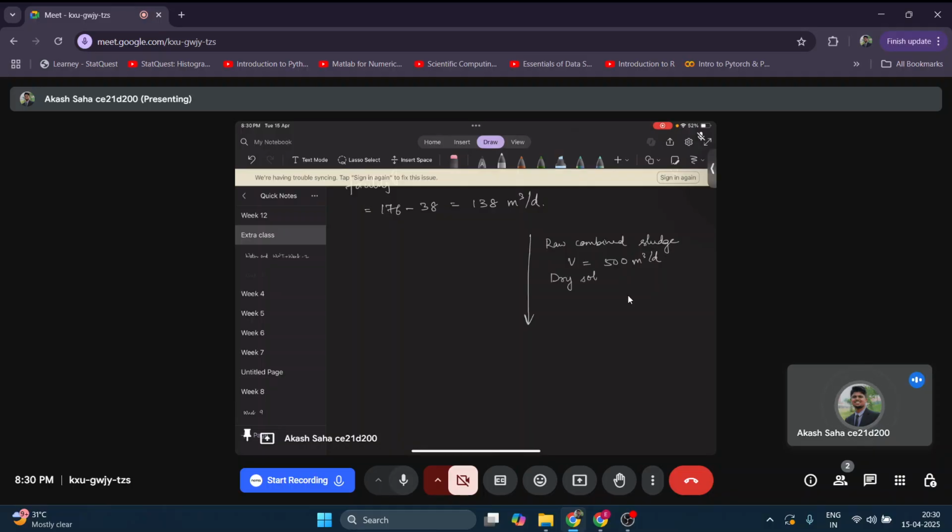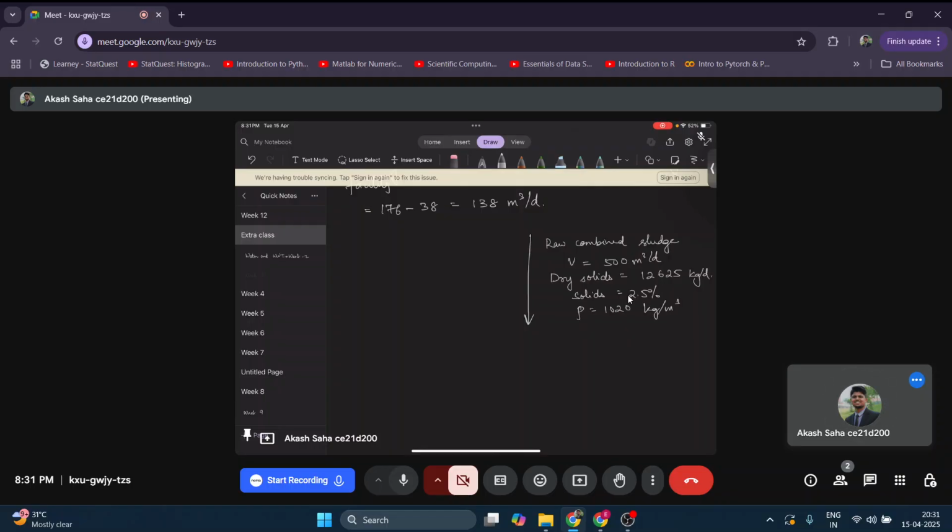Dry solids is around 12625 kg per day. Solids is around 2.5% and the density is 1010 kg per meter cube.